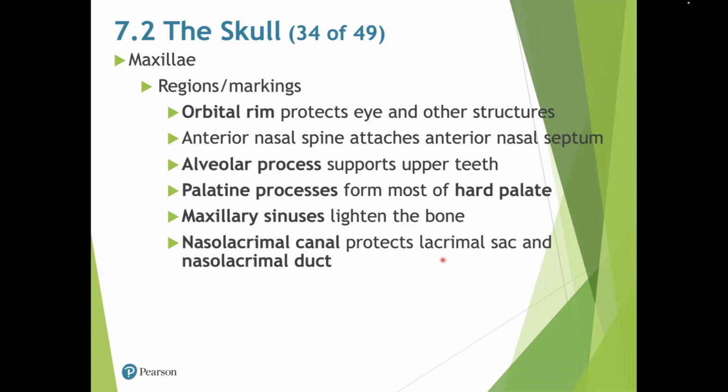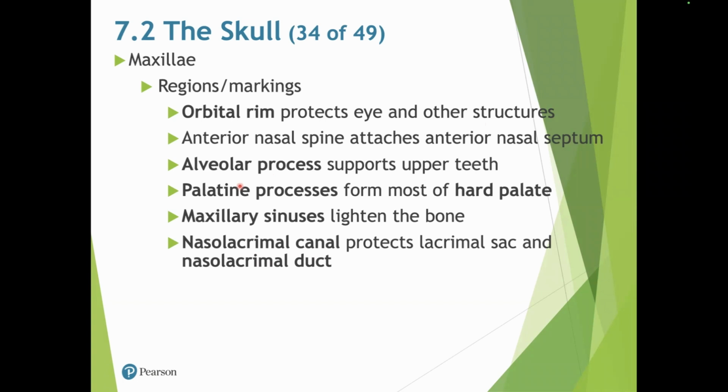All right, so what do we have here? Regions and markings. Your orbital rim is going to protect the eye and the other sutures. You're going to find this as one of the markings of the maxillae. You're going to have your anterior nasal spine, towards the front of the body, which attaches to the anterior nasal septum. Your alveolar process is going to support the upper teeth.